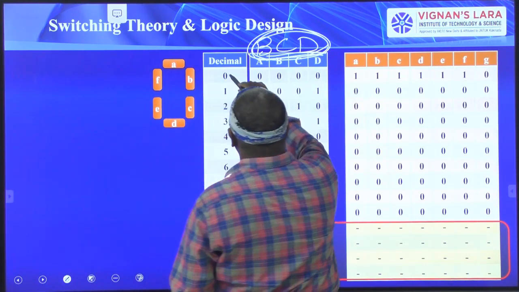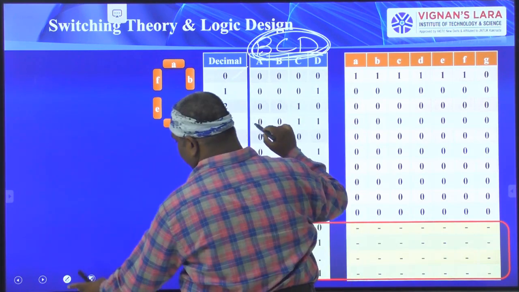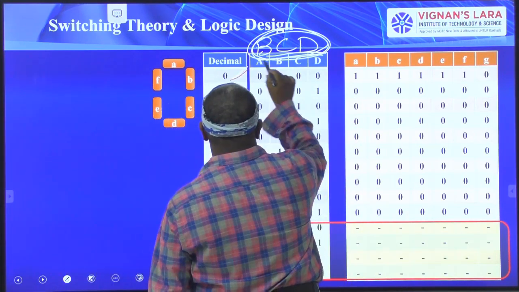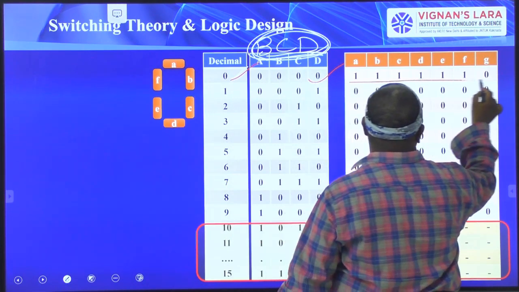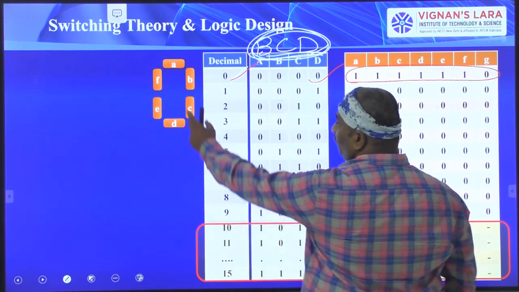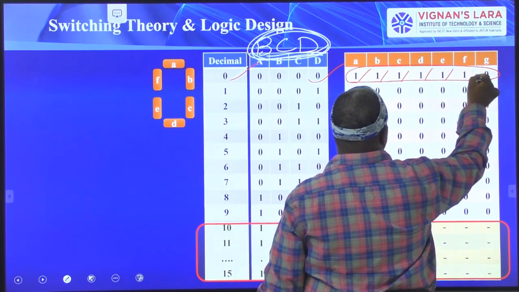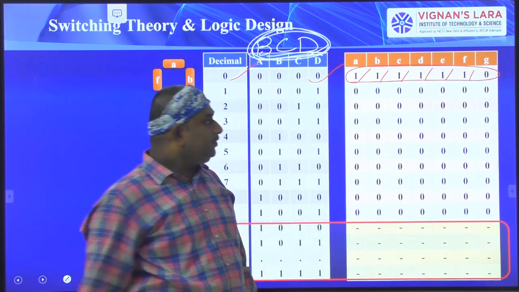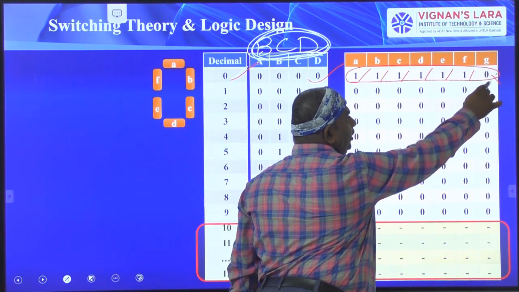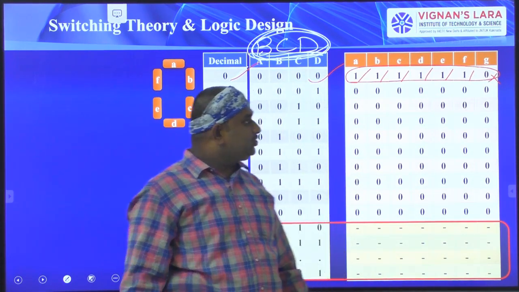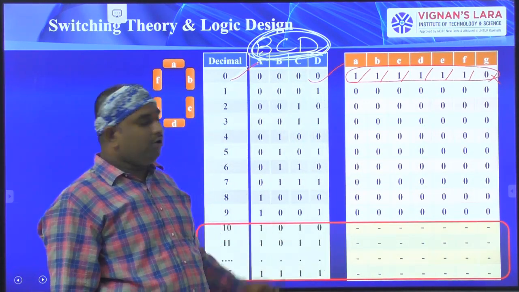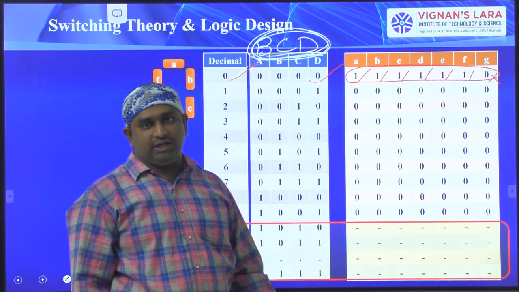So for the 0 combination, you have to write down these functionalities: A, B, C, D, E, F are on and G is off. Okay, for 0, this is the functionality.